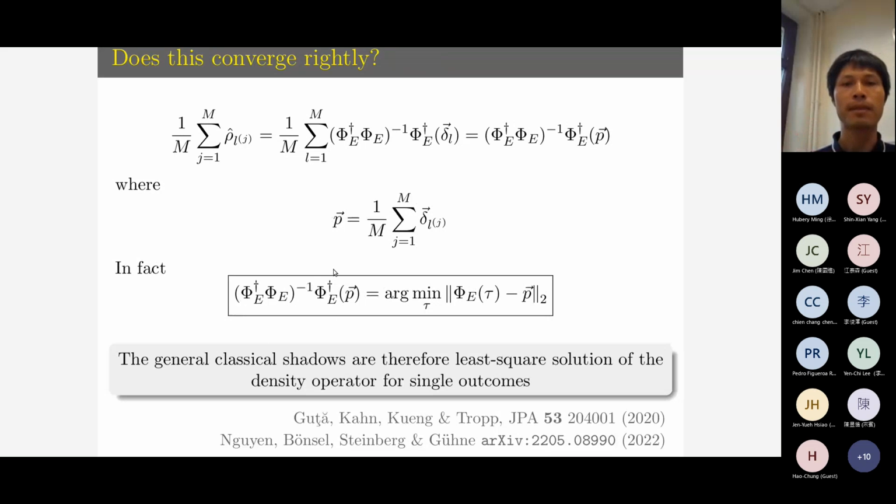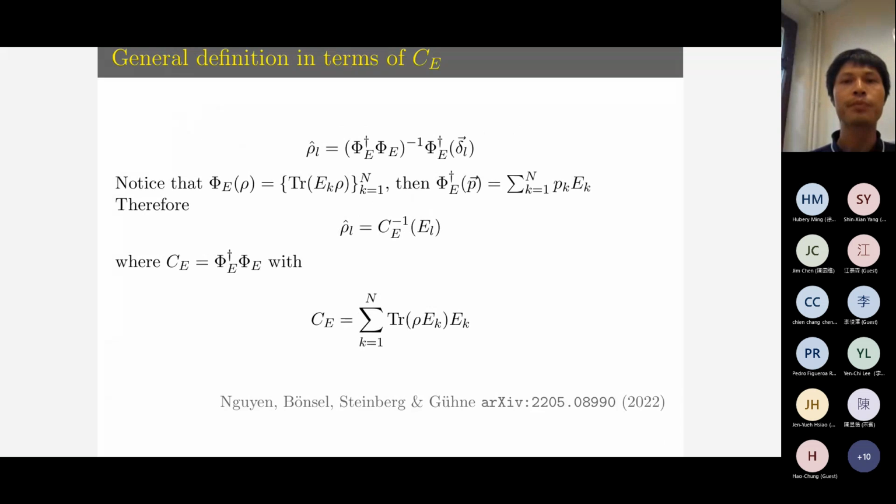There's nothing so special about it. So in conclusion, we claim that general classical shadows are simply least square solutions of the density operator for single outcomes. So this works at the level of single outcomes. The statistic, when you average over all the outcomes, gives the exact state. For each single outcome, you still give the least square estimator of that particular outcome.